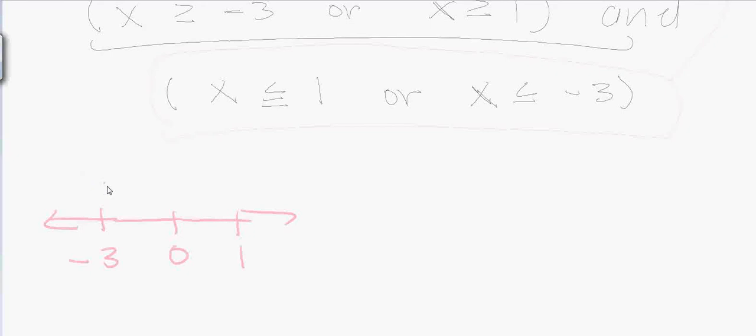Since it's greater than or equal to, it'd be a closed circle right here, and that'd be greater. And you have, or x is greater than or equal to 1, so you have a closed circle at 1, and that'd be greater than or equal to 1.